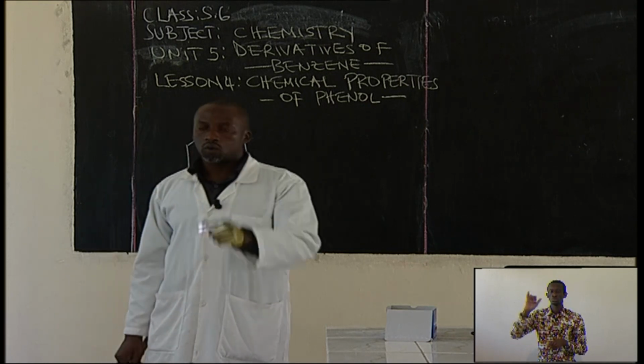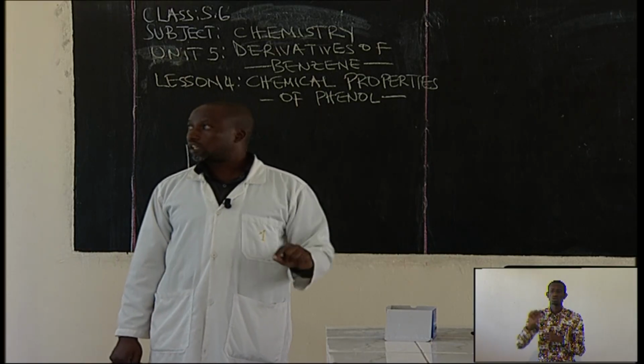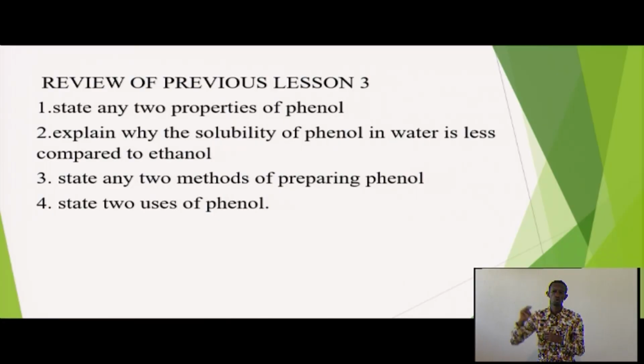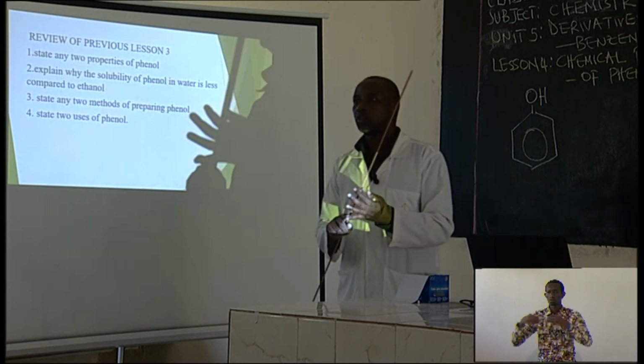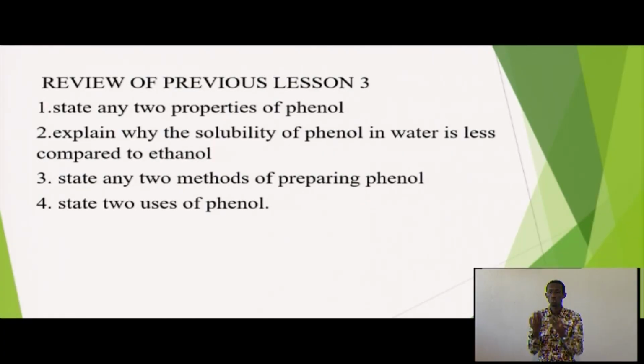The answer is no. We said the solubility is reduced. When we're talking about the physical properties, remember we talk about the boiling point and the melting point. They are slightly higher compared to those of alcohols because of the high number of carbon compounds.